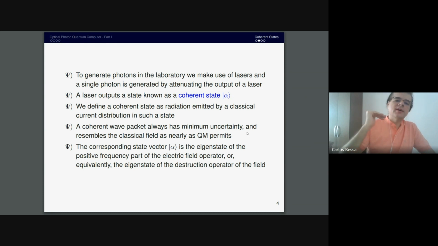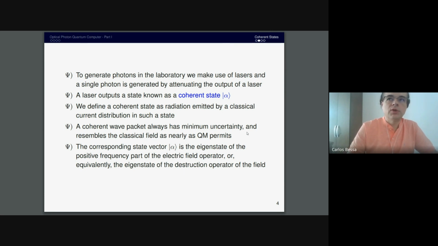So this is a type of state that is closest possible to the classical world, let's say. It's a quantum state, but it's the closest possible to the classical world.